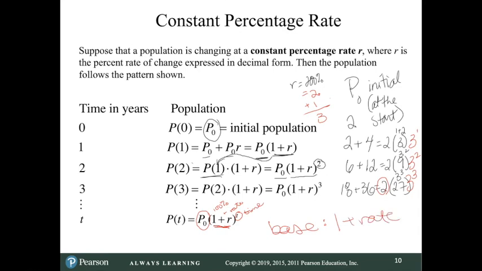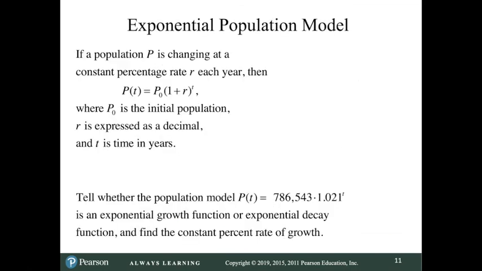Okay, so how does that relate to decay and growth? Well, if we look at an exponential population model, using the formula that we just derived, if we express the rate as a decimal, we can say 1 plus r is going to be greater than 1 when r is positive, and it's going to be less than 1 when r is negative.